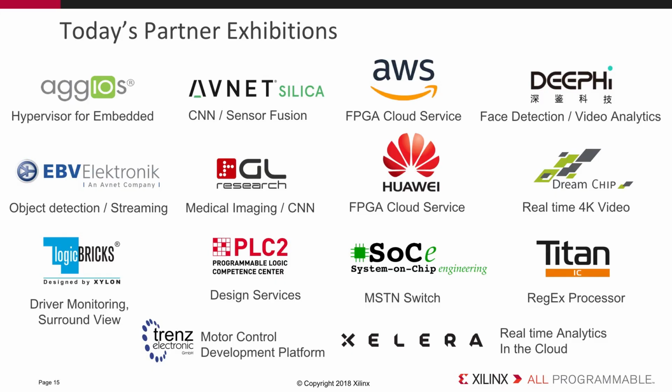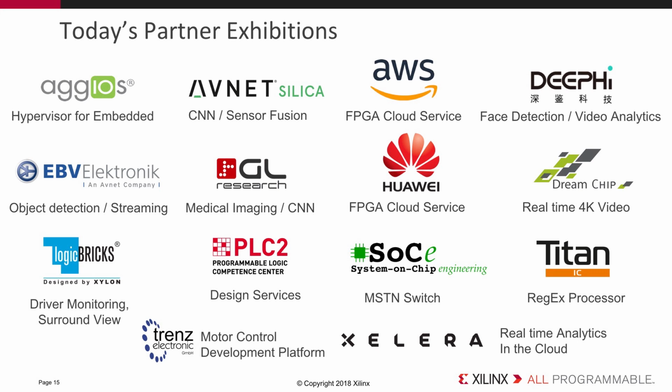So to list the partners that are out there so you can see who they are, I have this slide. There are about 14 plus Xilinx, 15 different tables out there. Just to cover a few of them, AWS and Huawei, you can talk to them for FPGA as a service. Avnet and Silica, you know them. They're demonstrating multiple things, including machine learning.